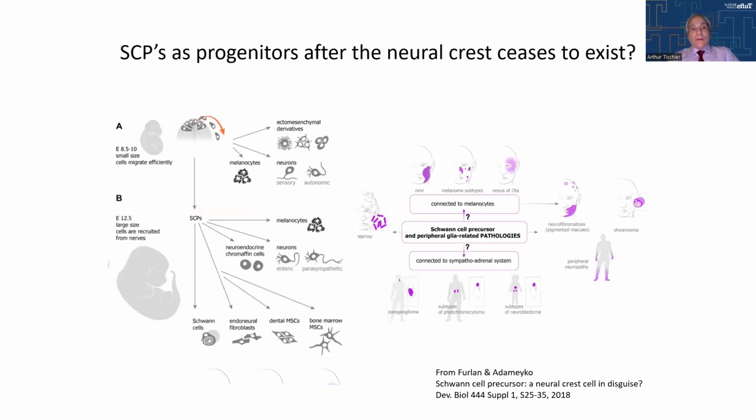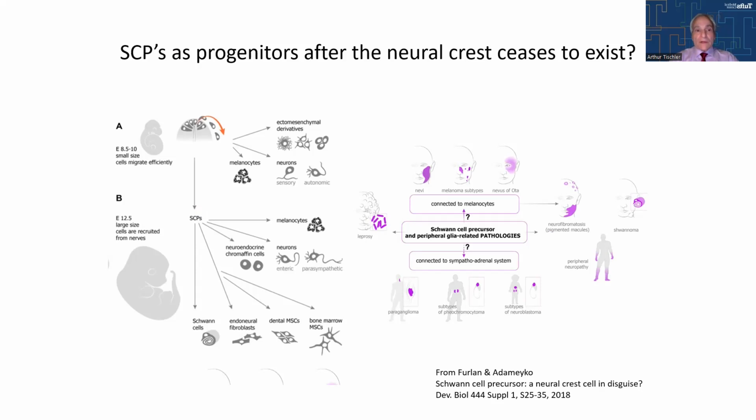These cells arise from the dorsal root ganglia and have a reservoir within the sensory ganglia and sensory axons. They have been given the perhaps unfortunate name of Schwann cell precursors, unfortunate because they give rise to a variety of derivatives other than Schwann cells.